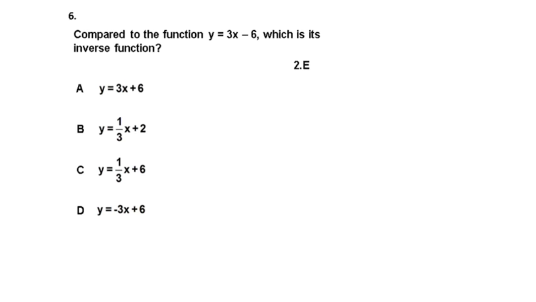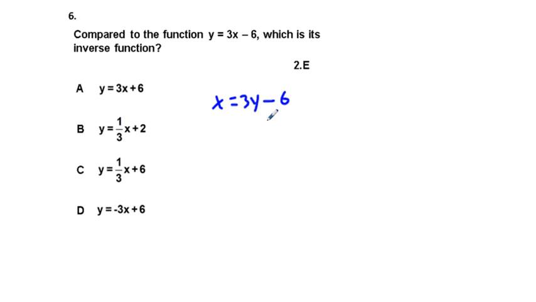Next problem, 6. Compare the function y equals 3x minus 6 to its inverse function. Well, step 1 is to change f of x to y. We already have that. So I'm going to change this y equals 3x minus 6 to x equals 3y minus 6.